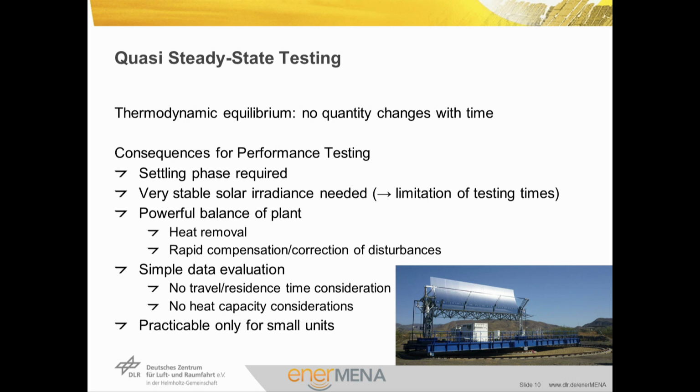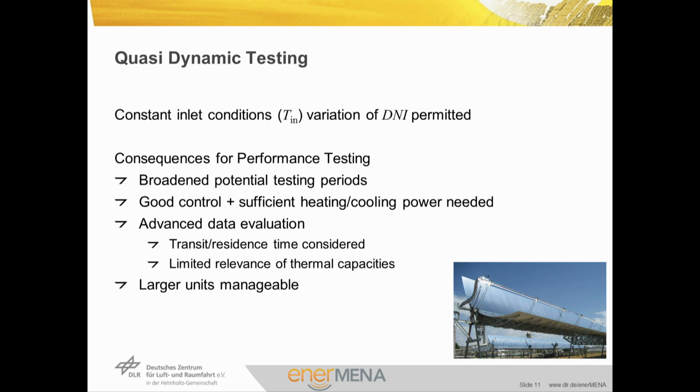In contrast to steady-state testing, quasi-dynamic testing describes a testing mode that allows variation of solar irradiance during testing while collector inlet conditions are still kept constant. As a consequence, potential testing periods are broadened by including periods of partial overcast.